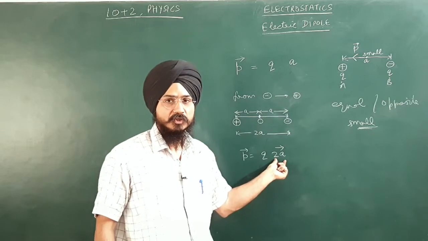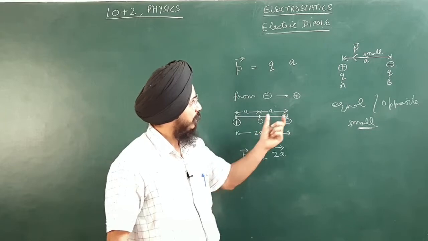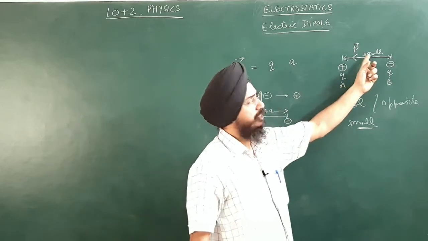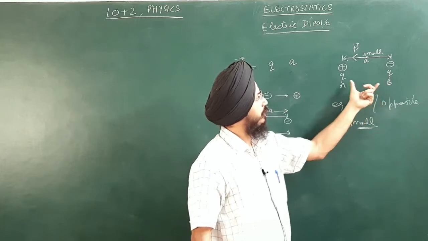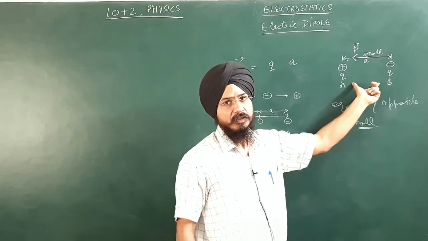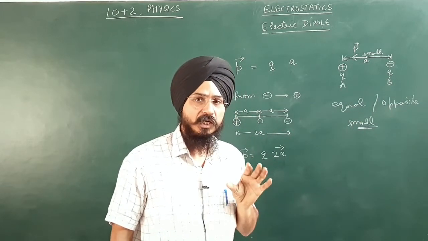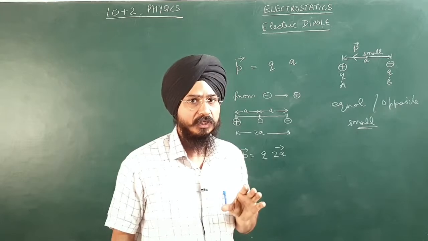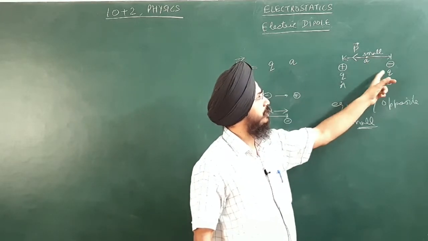So why is the distance taken small? Because if we take the distance as large, then these two charges will be much farther apart, so they will not affect each other. So the total effect of a dipole is negligible if the distance between these two charges is large.